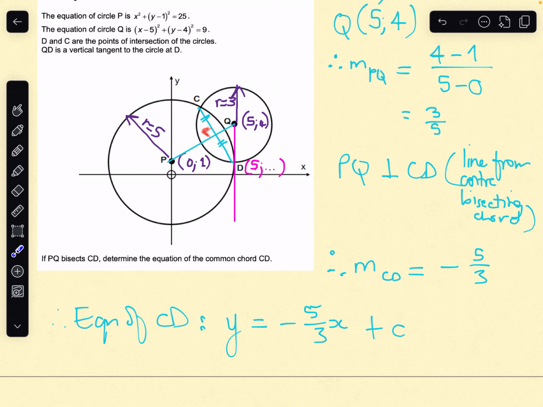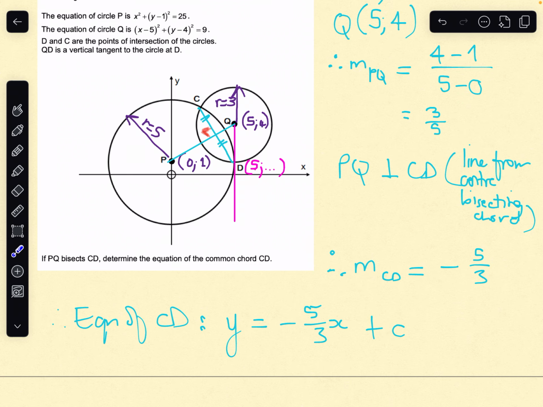Also, oh my goodness, why am I devastating myself? So D is on the circumference of this circle, the small circle, which has a radius of 3. So from Q to D is also going to be 3 units. We know that D is directly below Q, because that's what they told us here. It's a vertical line, really. That's what we care about.